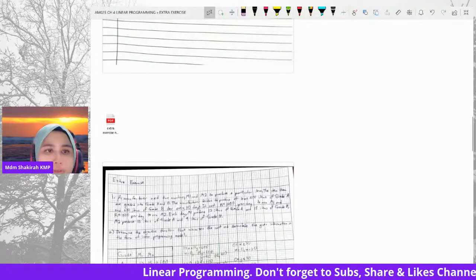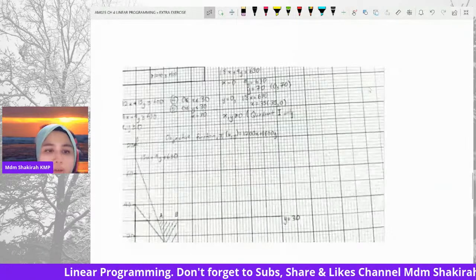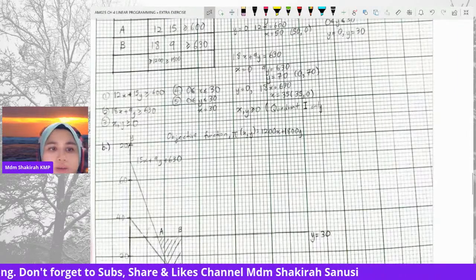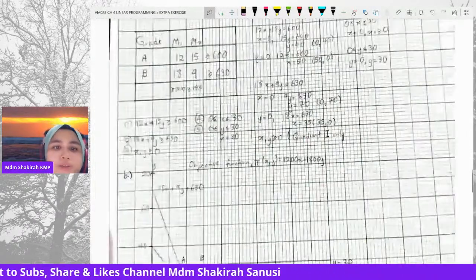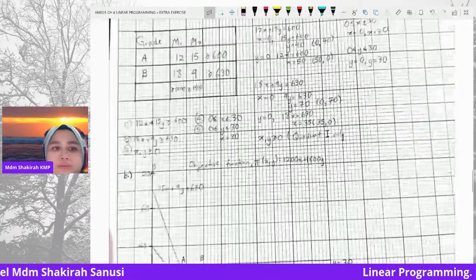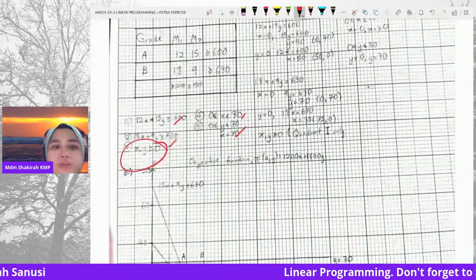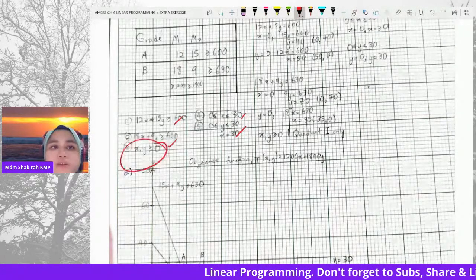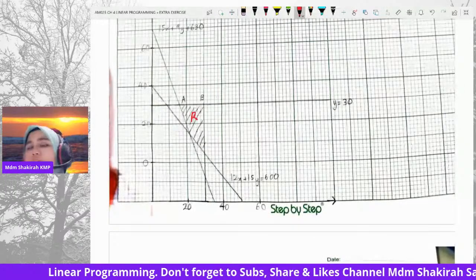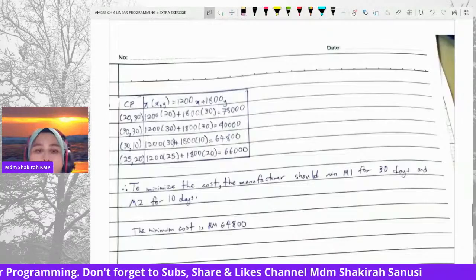Okay, kita tengok secara ni apa yang kawan awak dah buat. Okay, this one. Masukkan saja dalam ni. R mana R? Okay, labelkan R. Right. That's it, yes.